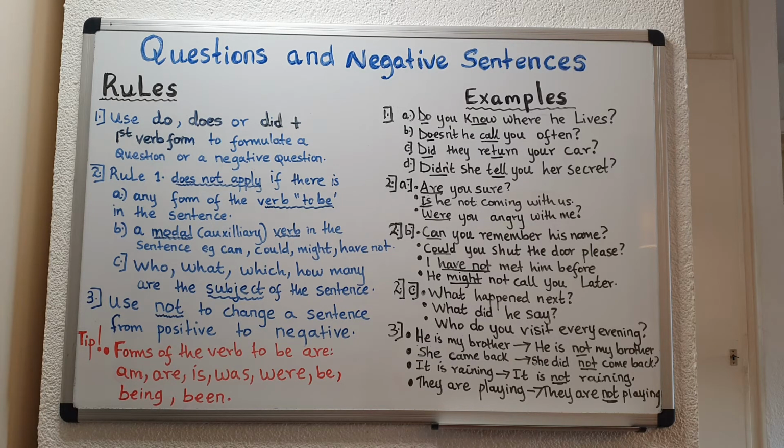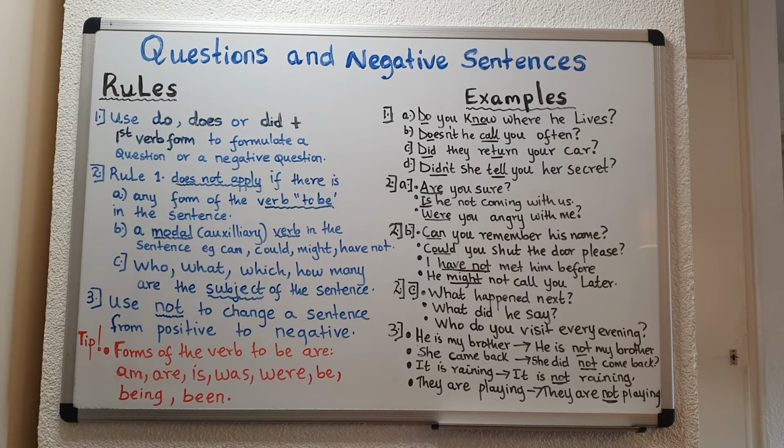And then example 2a, the last one is, were you angry with me? So in that sentence also, you have were, which is an example of the verb form to be.